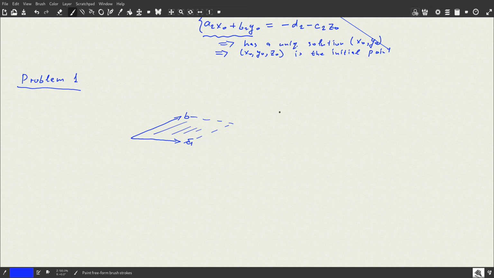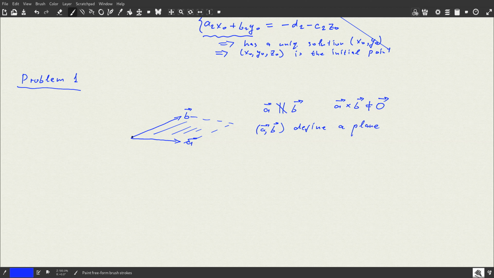So A is not collinear to B, which, as we know, means that the vector product of A times B is not equal to 0, which means that A and B define a plane, right? As we have seen in the previous lecture.